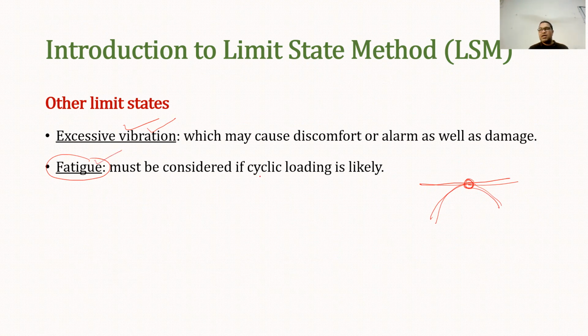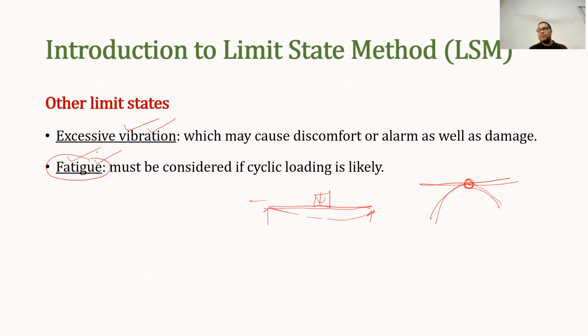This failure occurs, for example, in the case of bridges. Say this is the bridge, and if traffic is running, what will happen? This bridge will bend, and when the traffic goes off, it will again straighten up. So this cyclic load may lead to failure, and that failure will be known as fatigue failure.